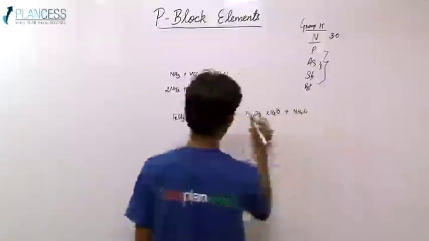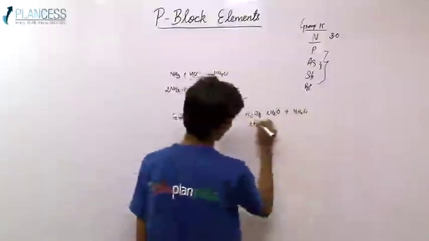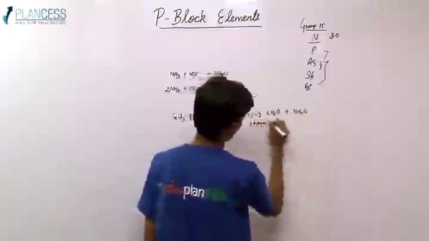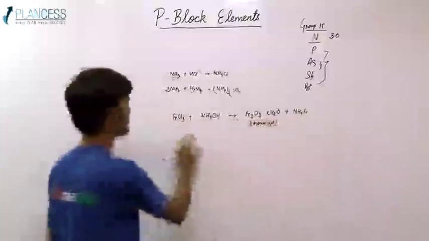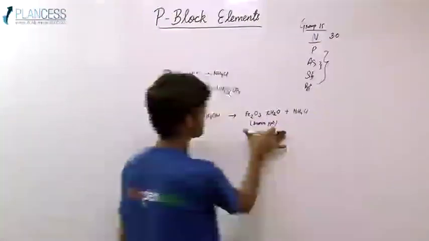So this is a brown precipitate of Fe2O3, ferric oxide. So it precipitates FeCl3 and forms a brown precipitate.